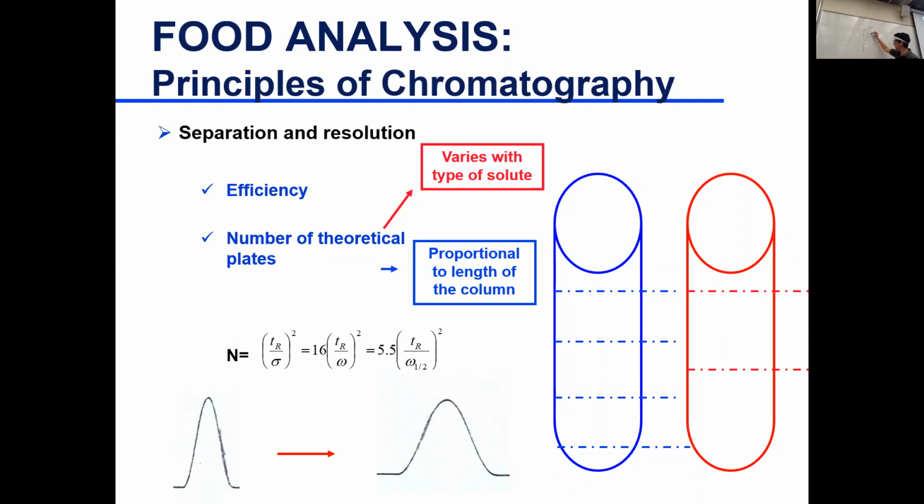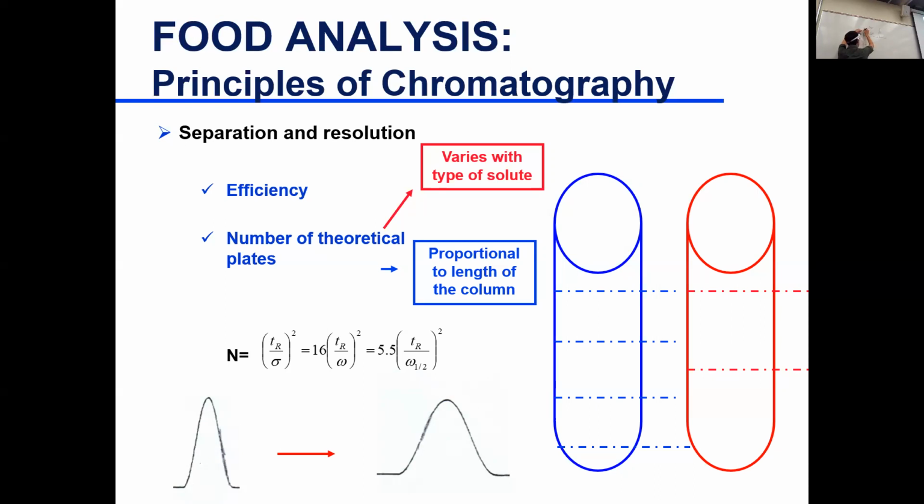As the compounds go into the column and separate between the column and the mobile phase, they reach equilibrium. The time or the distance it takes to reach that equilibrium is called the theoretical plate. So the more theoretical plates you have, the sharper your peak is.